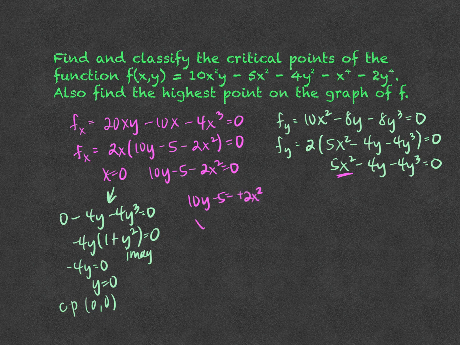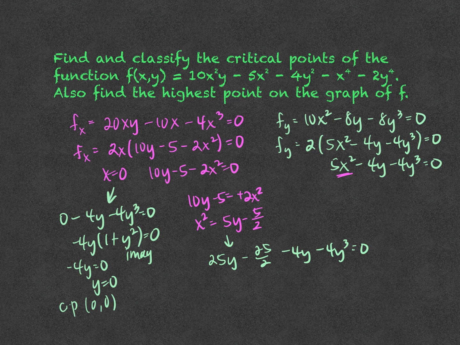So if we divide, let's say x squared equals 5y minus 5 over 2, or 2.5 if you're a decimals person. So then we're going to plug that into the green equation, and we're going to say 5 times that is 25y minus 25 over 2 minus 4y to the third equals 0. And let's combine like terms.